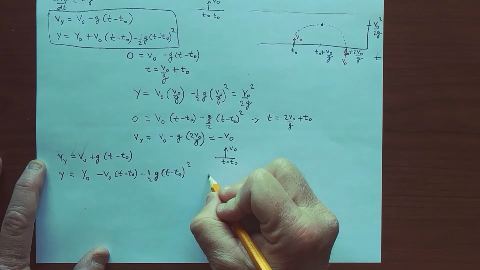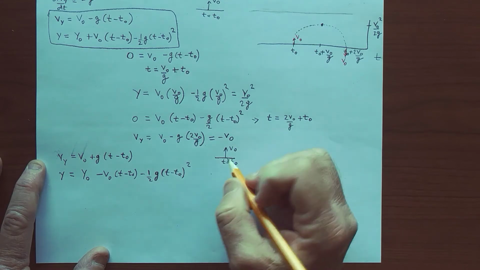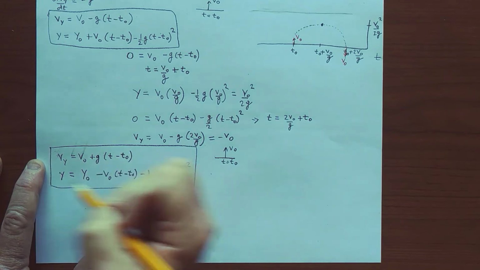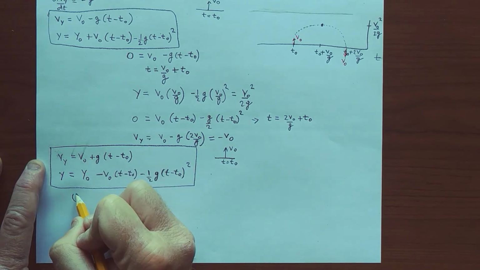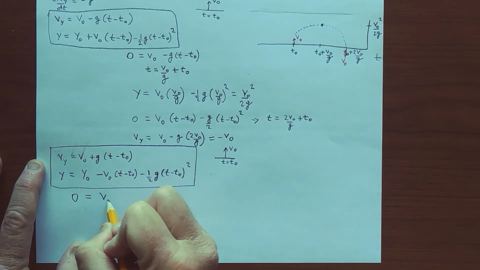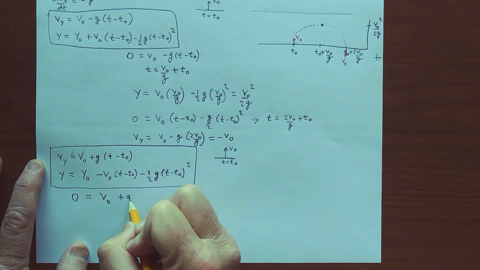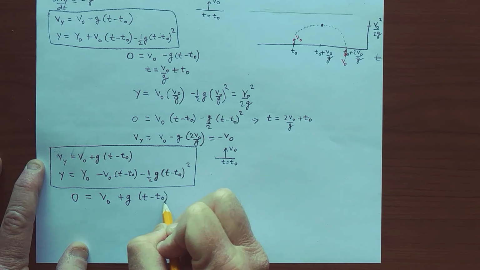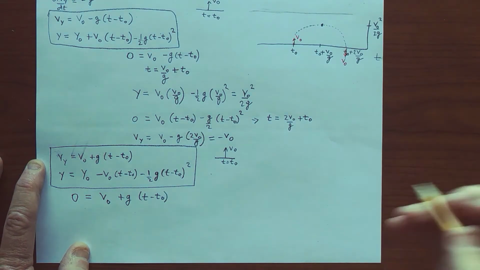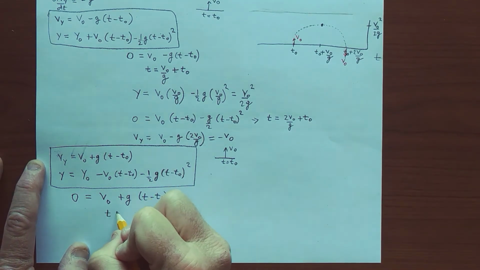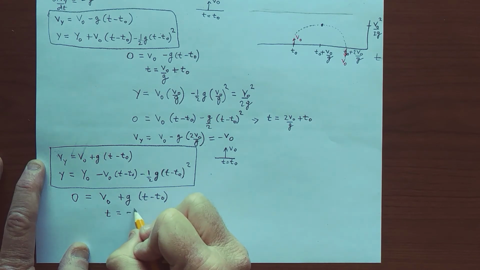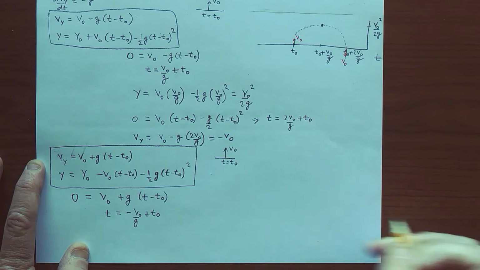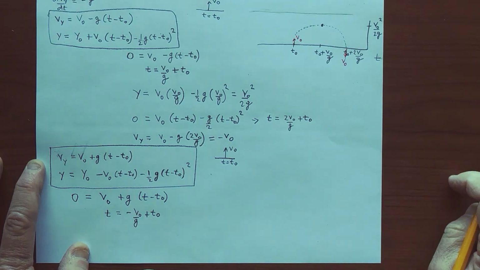It reaches max height when, let's just first combine these two, put them in bracket. Zero speed when this equation is equal to 0, and this will give us our time. T is in fact now minus V naught over G plus T naught.